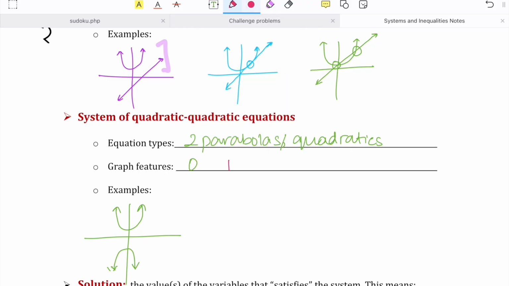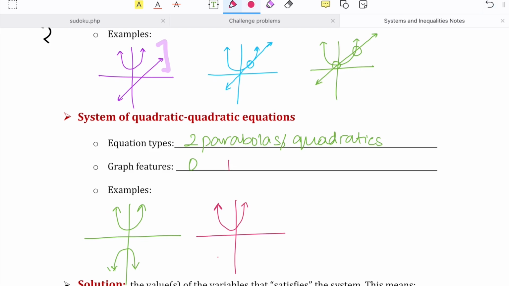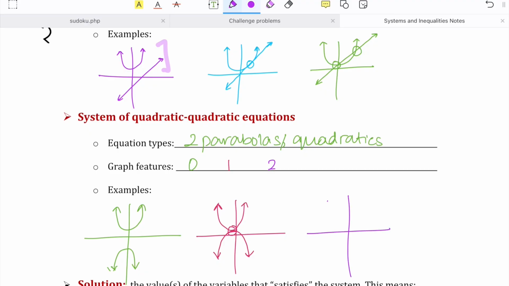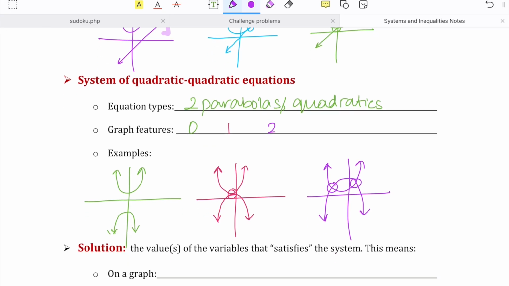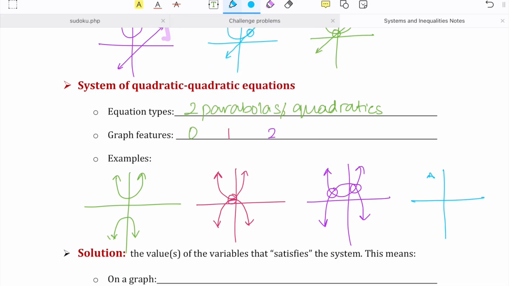You can have one solution, a parabola that's touching, like actually over here, once, right? You can have two solutions, so something like this, right? Or the third scenario could be that both the parabolas are on top of each other. So, infinite solutions. Okay? Intersecting points.